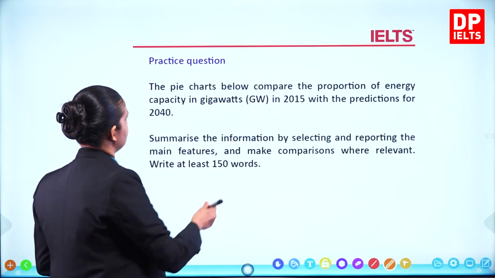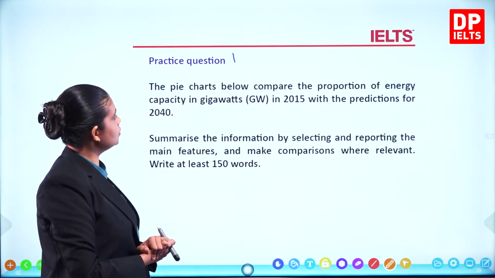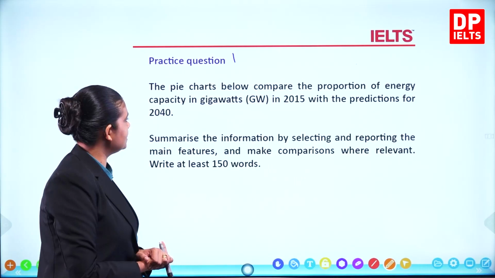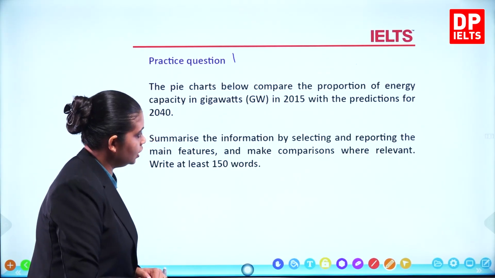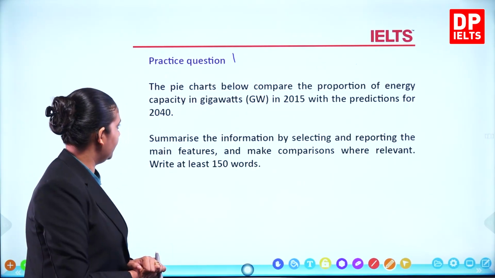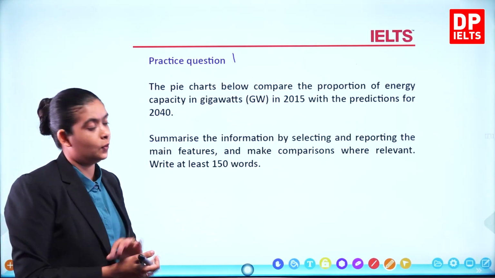Okay, so let's mark this as our first practice question. The pie charts below compare the proportion of energy capacity in gigawatts in 2015 with the predictions for 2040. So this is like an actual exam type question.